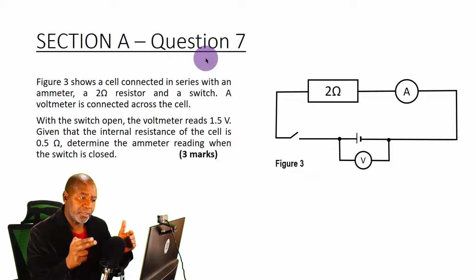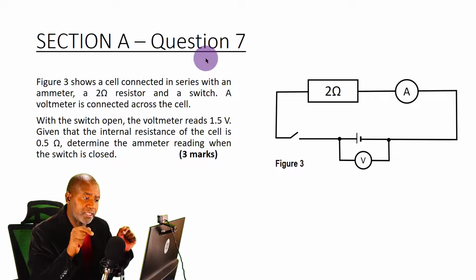Because you can see that the circuit for the voltmeter is complete, although the cell is not sending any current to the external resistor. So here they are describing how you measure the EMF of the cell. This reading of 1.5 volts is actually the EMF of the cell.